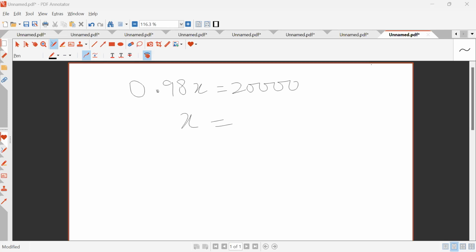So x is going to be 20,000 divided by 0.98.